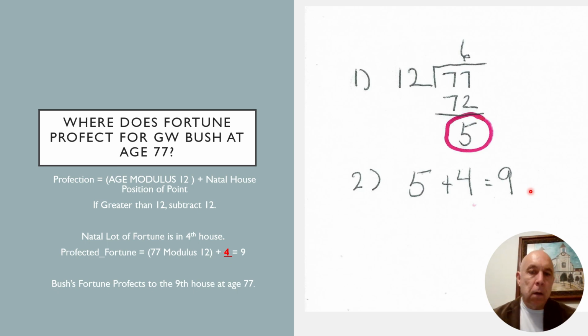Now here, the number isn't greater than 12, so we just stop here. And so Bush's lot of fortune perfects to the 9th house at the age of 77.